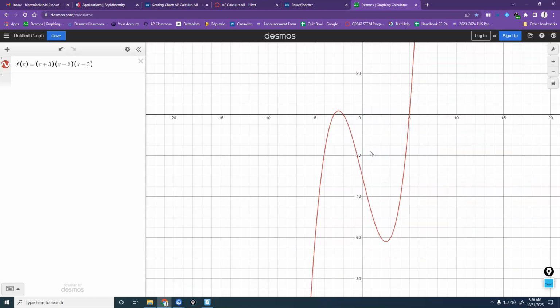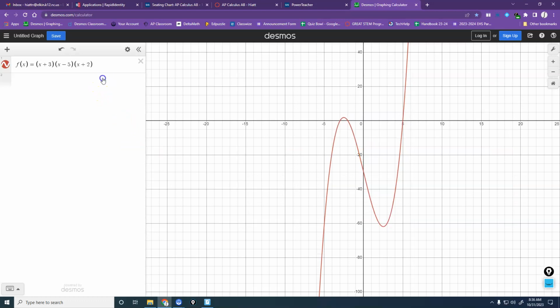That's like a cubic function. If I take the derivative of that, I think it'll do this. The derivative of that is a quadratic, right? So the slope of this at any point is given by this quadratic right here.